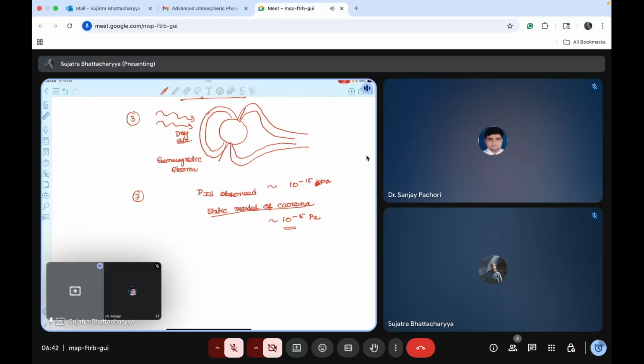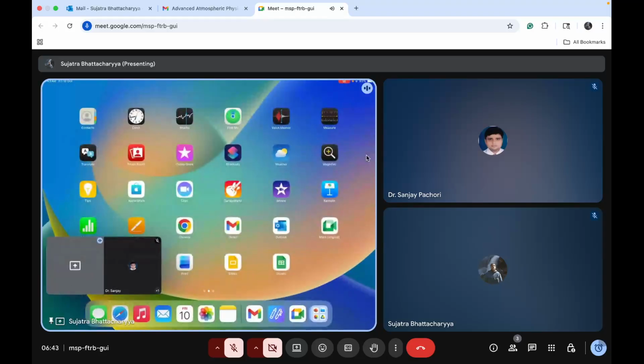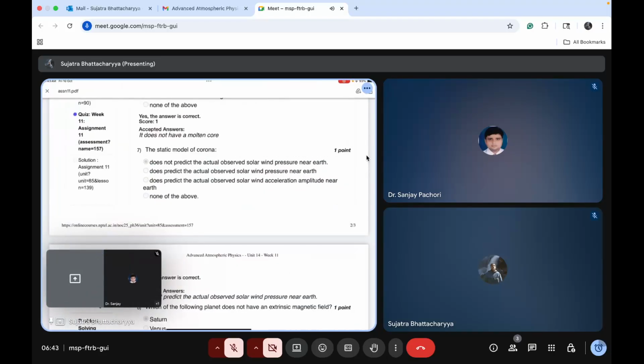In general, because the interstellar distance is too large, R is tending to infinity, a very large distance. So at very large distances you would expect the pressure to be much lower, as is observed, but it is not such. That's why the model fails, because it does not predict the actual observed solar wind pressure near the Earth or at higher distances.